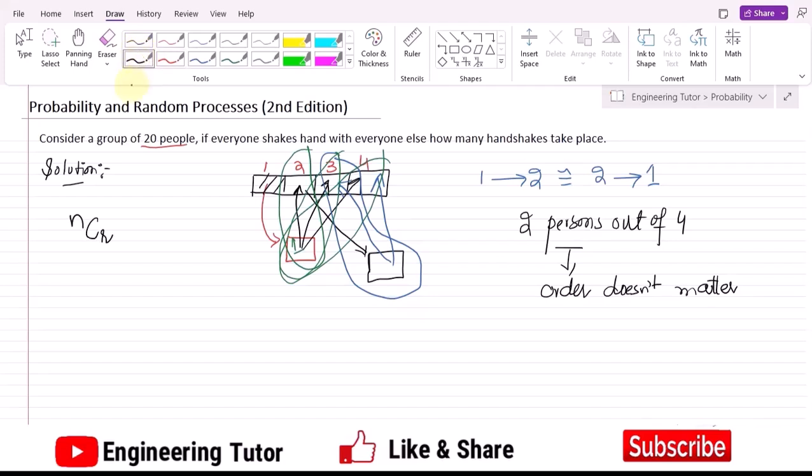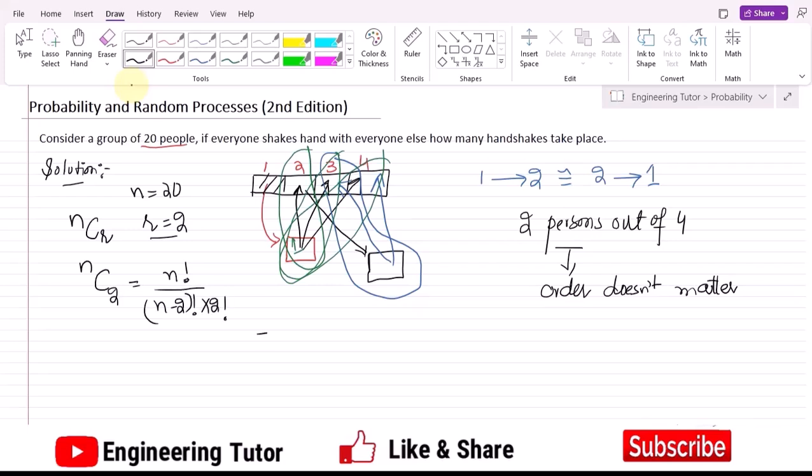Here if we have n equal to 20, r will already be equal to 2, because I have earlier told you that during a handshake 2 people get in contact with each other. Therefore I am taking r equal to 2. Let me call this any number of people n, but during a handshake or a hug there will be two people in contact. So in this formula it will be n factorial divided by (n minus 2) factorial multiplied by 2 factorial.